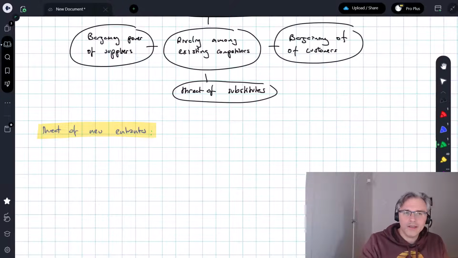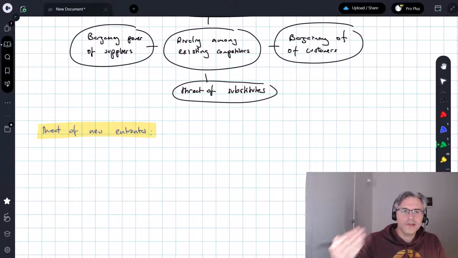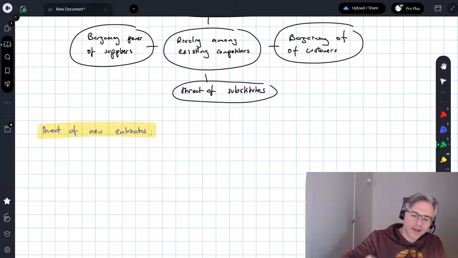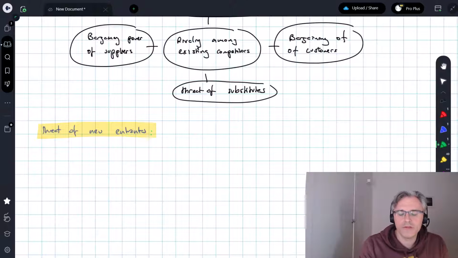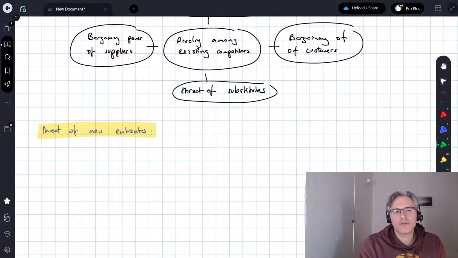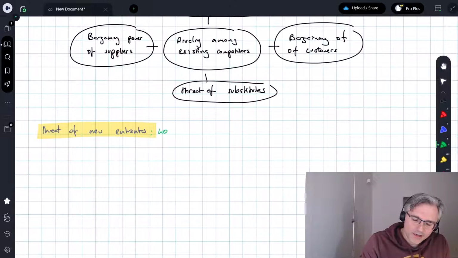So in all cases, low is good, whether it's the threat of new entrants, the bargaining power of your suppliers or customers, or the rivalry among existing firms in the industry. If that's low, that's going to be good conditions to generate good profits. So when is the threat of new entrants lower?